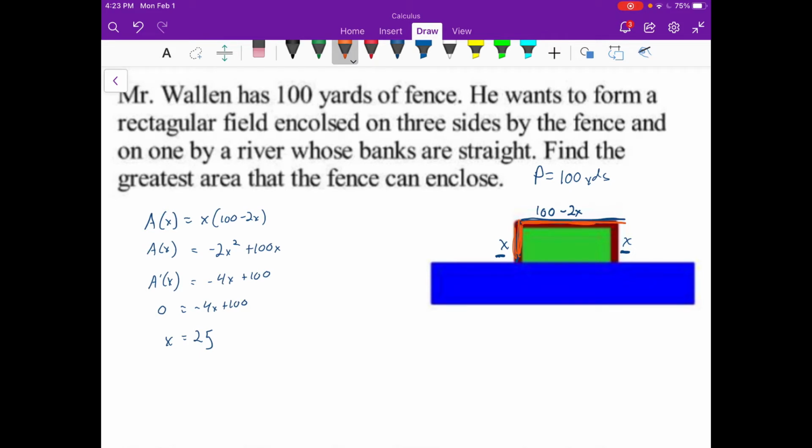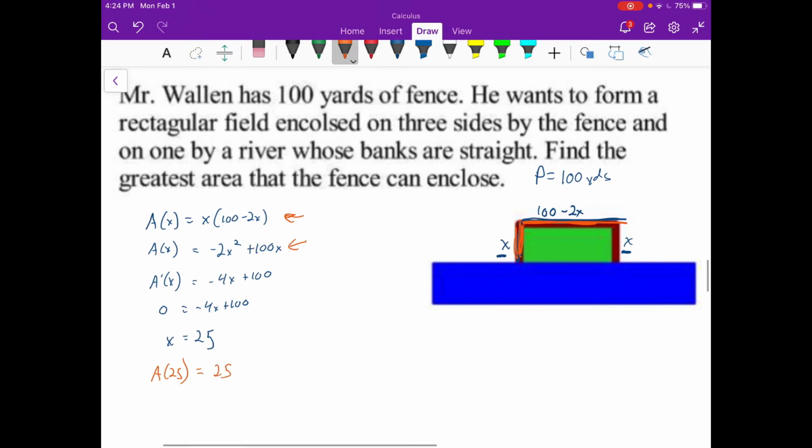We could do a couple things here, actually. We could put it back into our picture and figure out the area, but we can just plug it back into our area function. Either way will be fine. So we want the area when x is 25. We can put it into either one of these functions. Looks like the first one might be easier. So 100 minus 2 times 25.